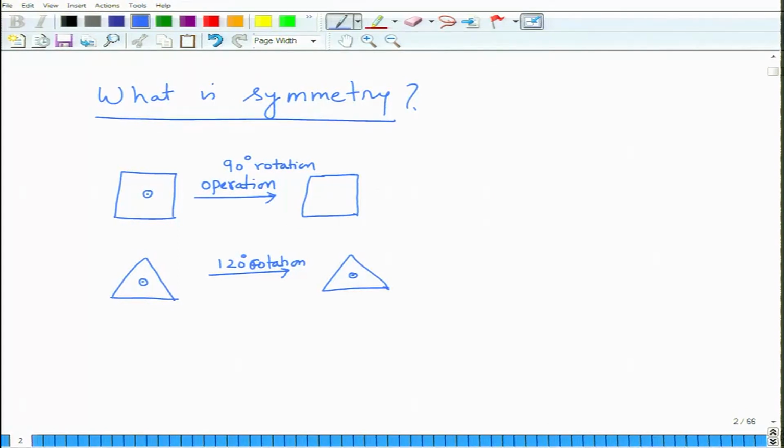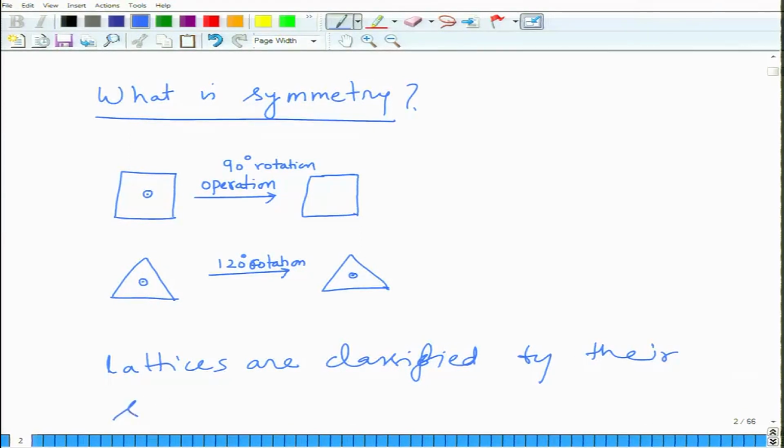So these are just examples of operations which you can perform to bring the object into the same shape. So why we need to understand this, because lattices are classified by their symmetry.